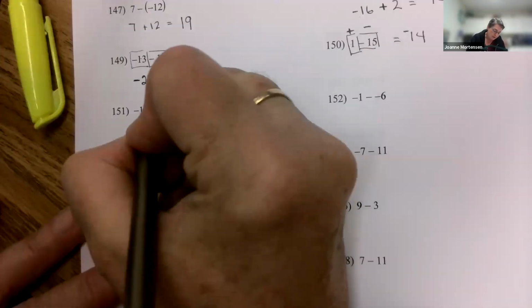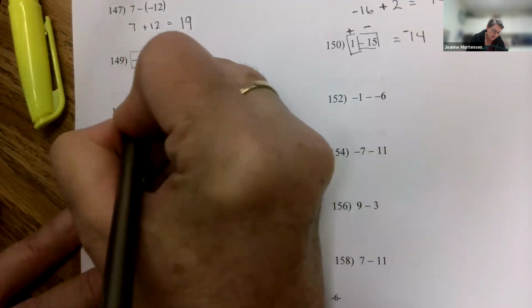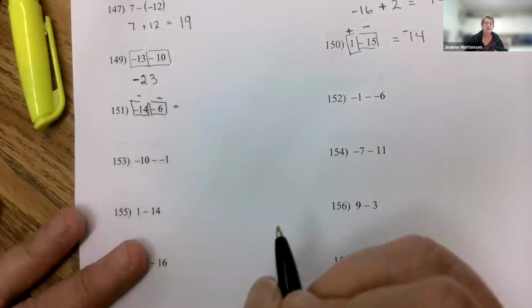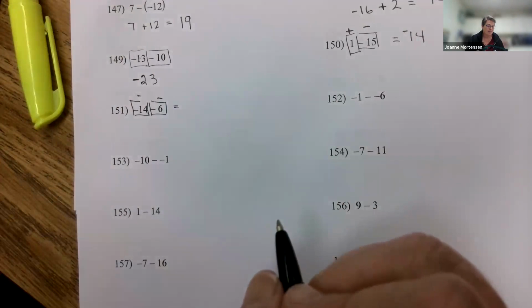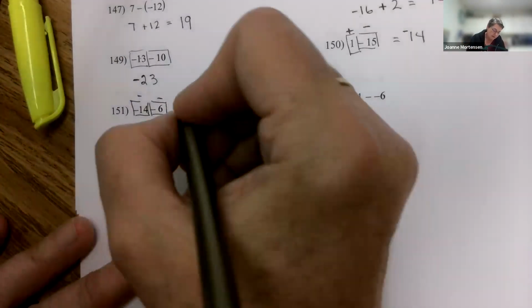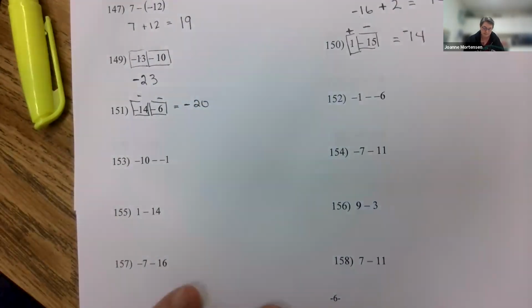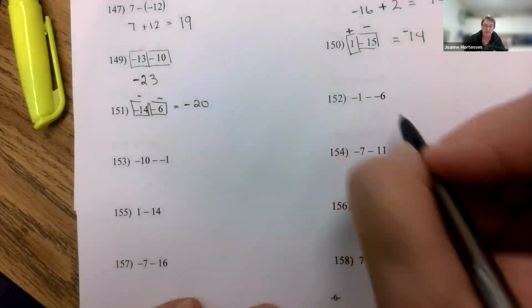All right, going to put a box around my terms. Negative, negative, 2 negatives. When we're adding or subtracting, there's no multiplication in this. It just makes more negatives. So negative 20. Oh, got a double negative there.